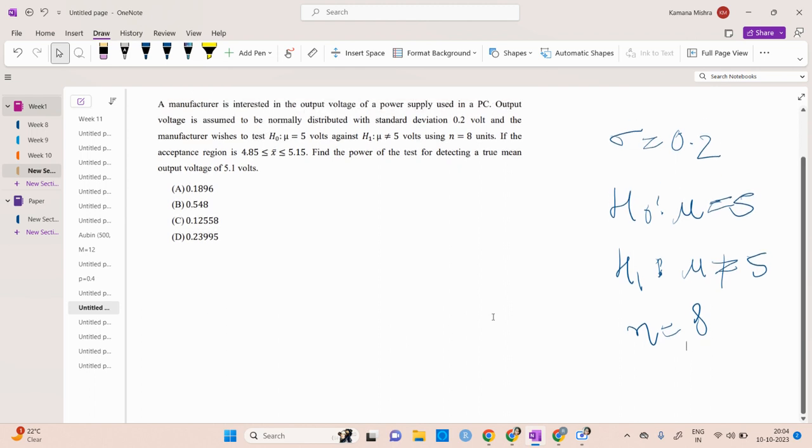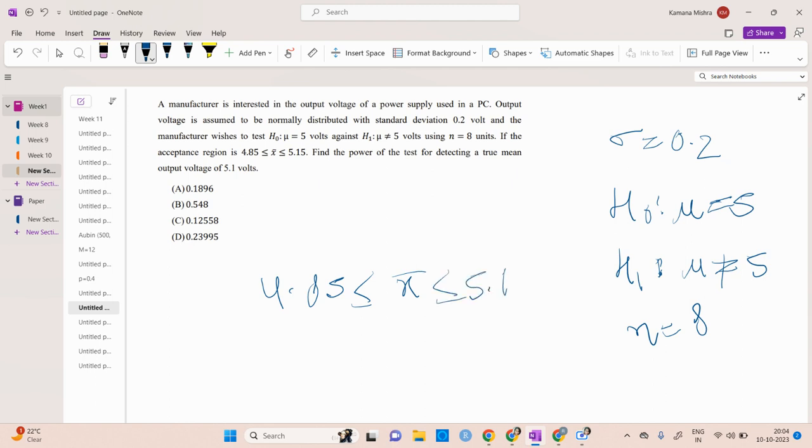Now the acceptance region is 4.85 ≤ x bar ≤ 5.15, right? Then find the power of the test for detecting a true mean output voltage of 5.1 volts, right?